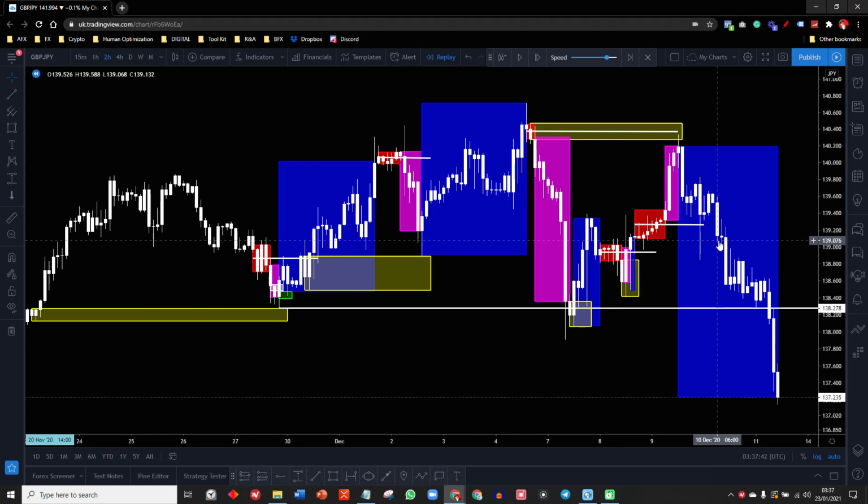Having a map of the market creates such pleasure in trading these pairs, these currencies, because you are defining something that not many people understand.